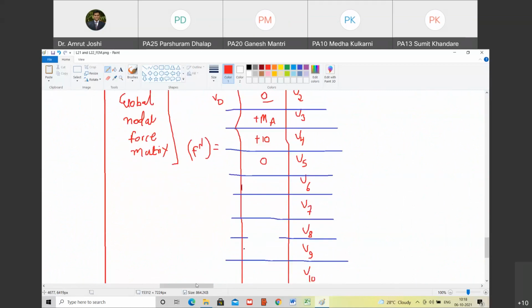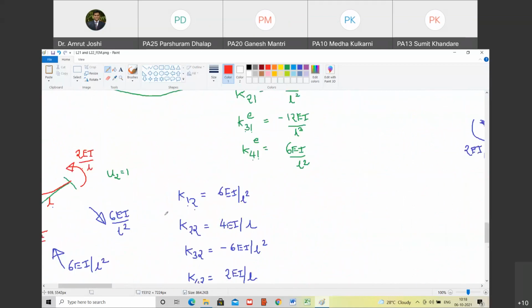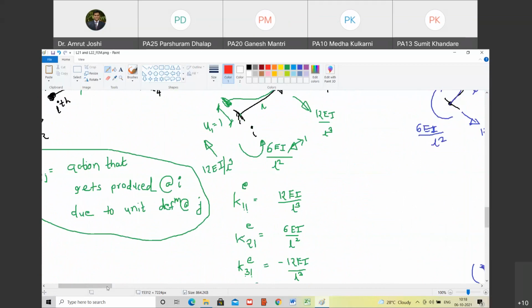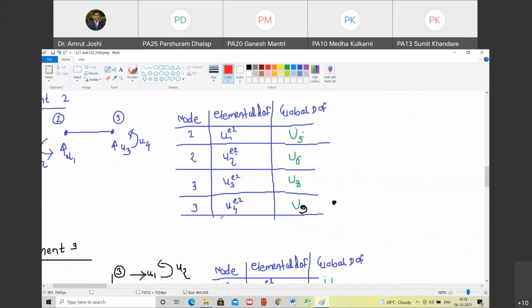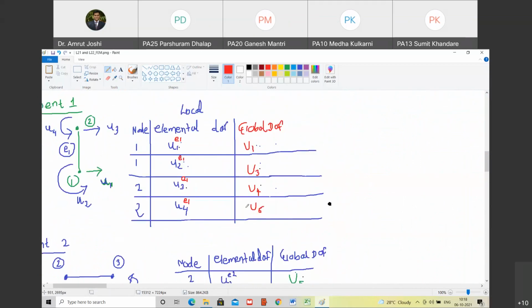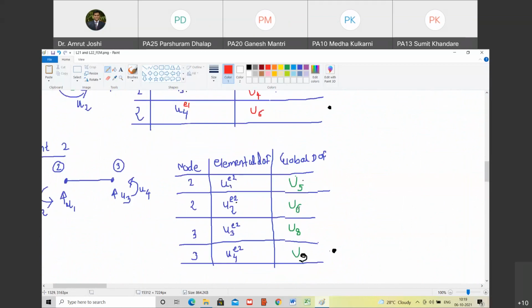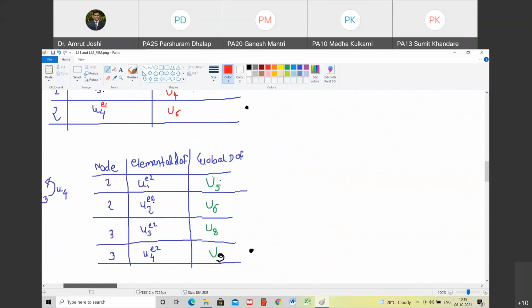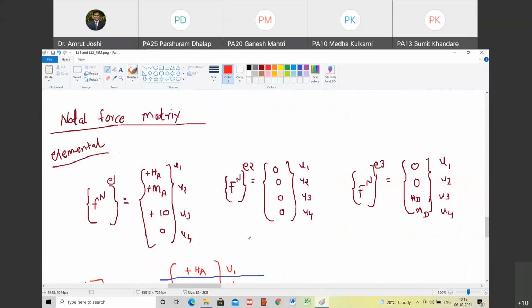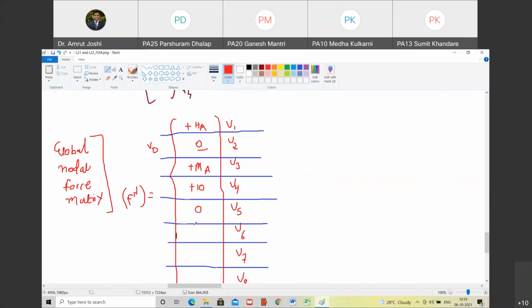What can you say about U6? Yes, sir. U6 is a part of first element and second element. First element, fourth degree of freedom. Second element, first degree of freedom. It is 0 plus 0.